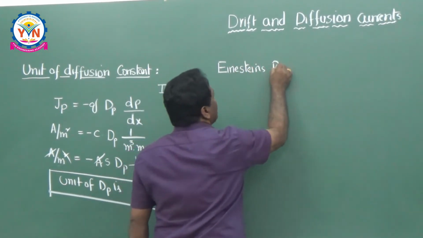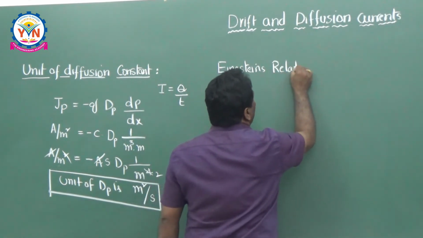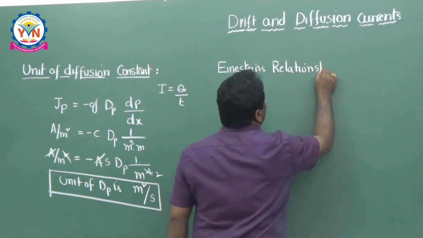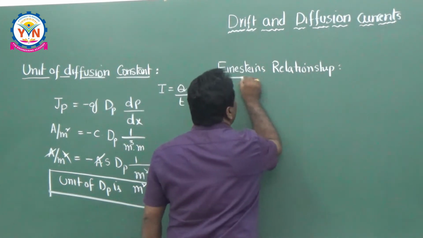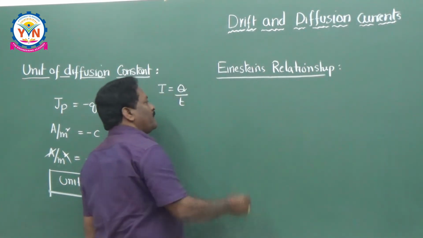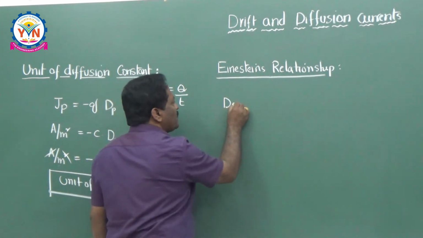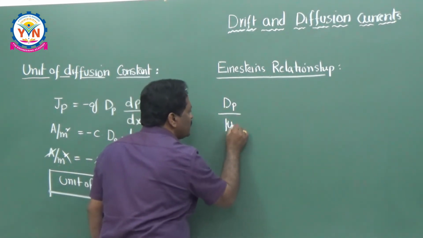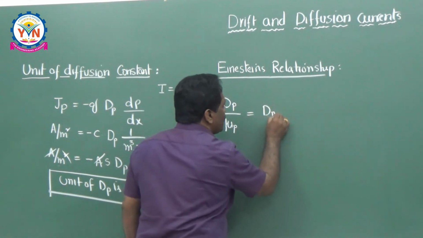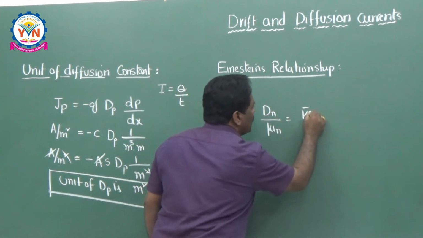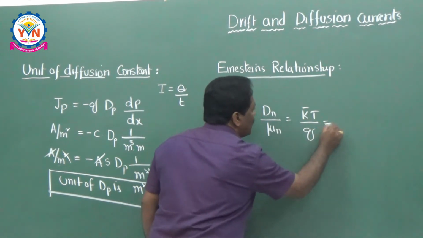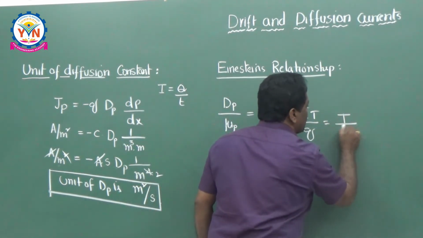After many experiments, Einstein found that Dp by mu p is equal to Dn by mu n, which is equal to k bar T by q, which is equal to T by 11,600.